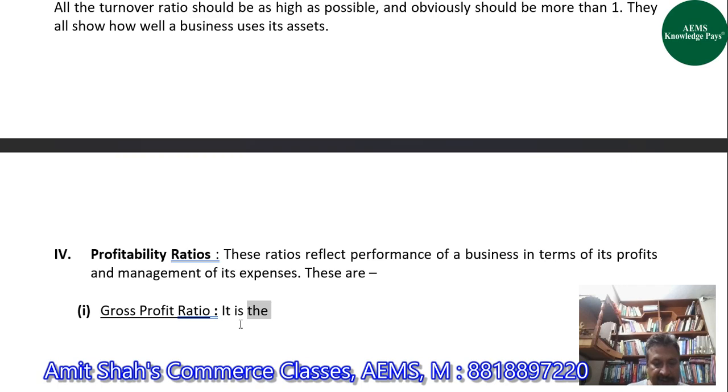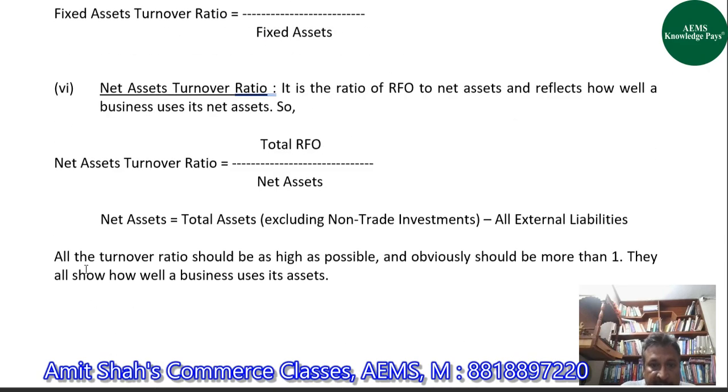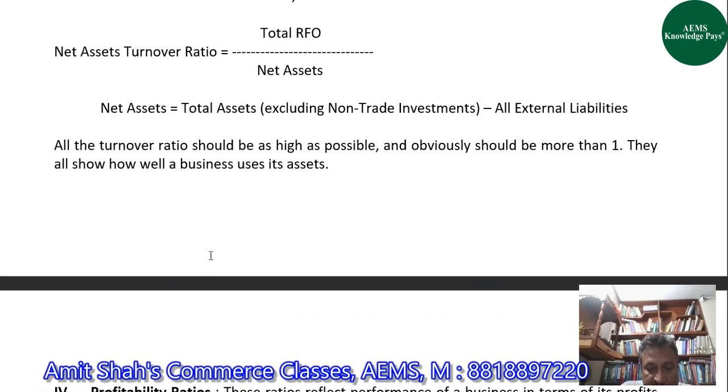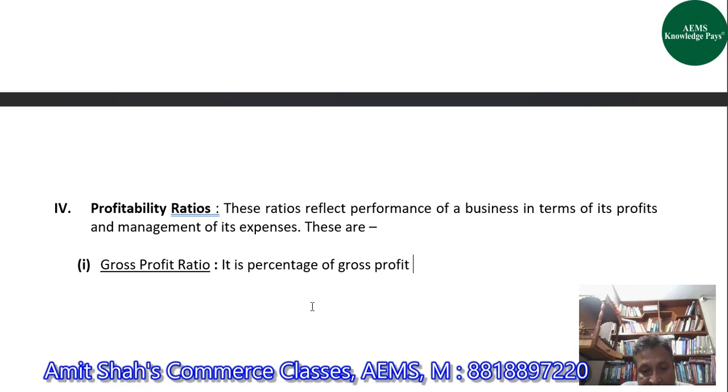It is percentage of gross profit. Now, guys, till activity ratios, all the ratios are calculated in times. Now, here, all the profitability ratios are calculated in percentage.